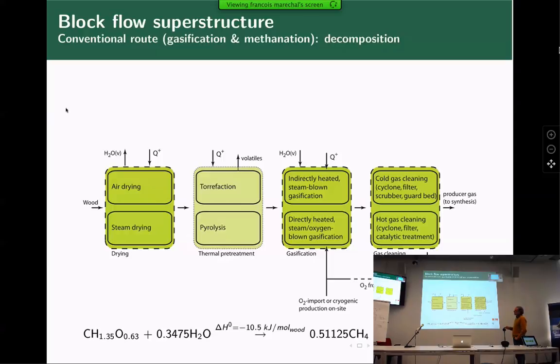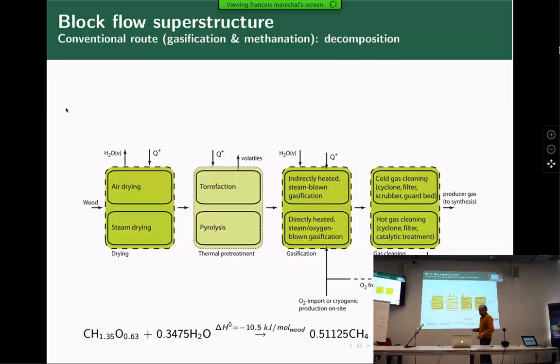So, for example, if you have wood as a resource, then you can have different ways of drying the biomass, different ways of converting it. So you can do torrefaction, you can do pyrolysis, then afterwards you can do gasification. The gasification can be done in different ways as well. You can have different types of gasifiers. And then you will produce syngas. The syngas can then, again, be treated in different ways.